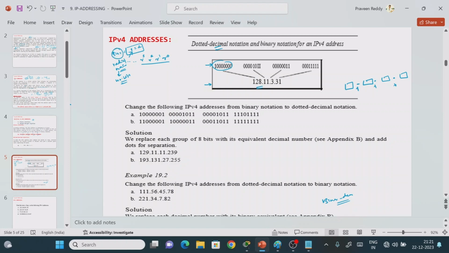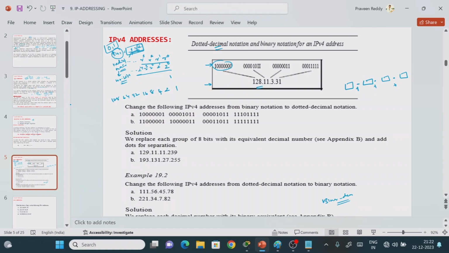In the binary number system, we have 0 and 1, 2 symbols, right? So for binary, r equals 2. Just substitute: 2 power 0, 2 power 1, 2 square, 2 cube, 2 power 4 and so on. Writing in terms of values: 1, 2, 4, 8, 16, 32, 64, next 128.